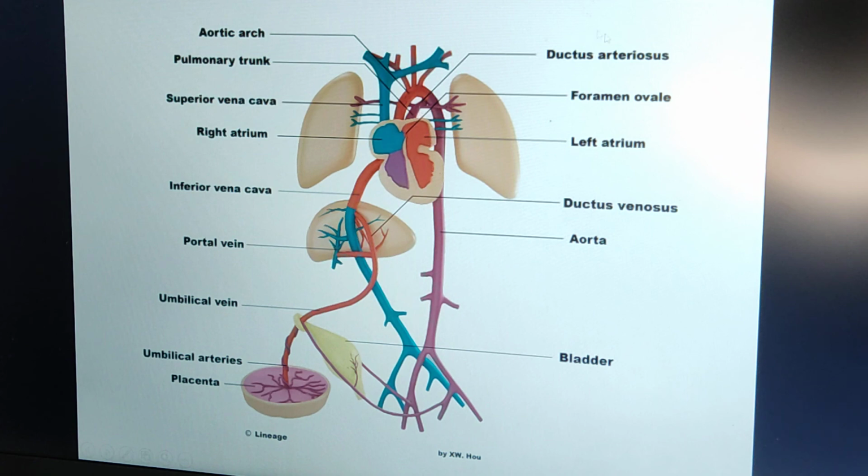And these are the ductus arteriosus, foramen ovale, and ductus venosus. These are all the main parts in fetal circulation that we have to remember.